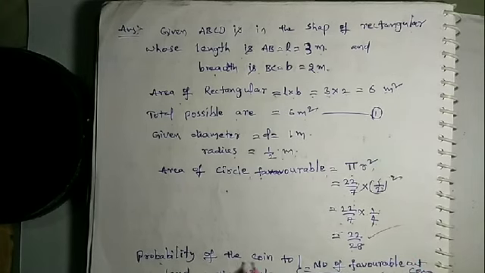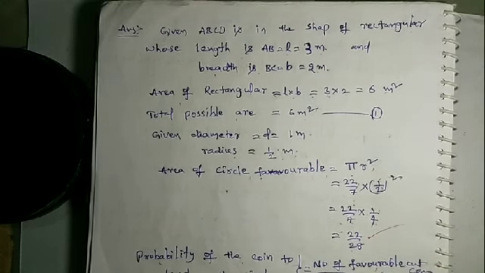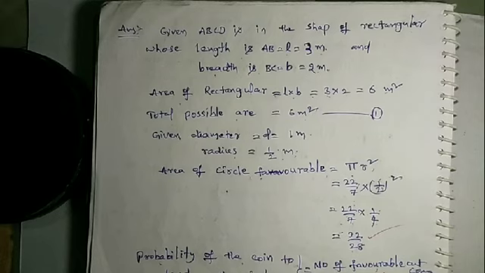Therefore, probability of the coin to land on the circle is equal to number of favorable outcomes by number of possible outcomes. Favorable outcomes is 22 by 28, number of possible outcomes is 6 meter square. So 22 by 28 into 1 by 6, 6 by 1 becomes reciprocal, 1 by 6.